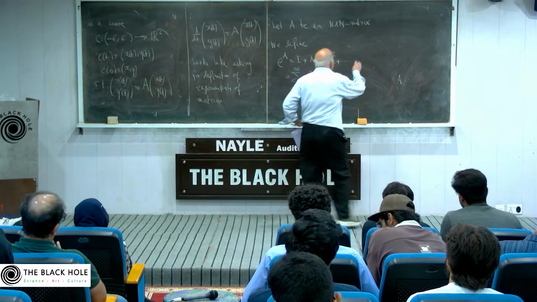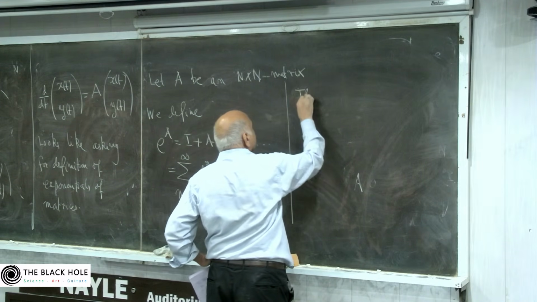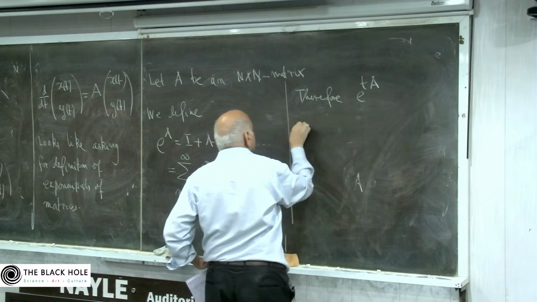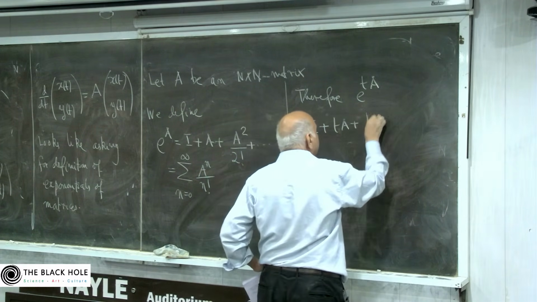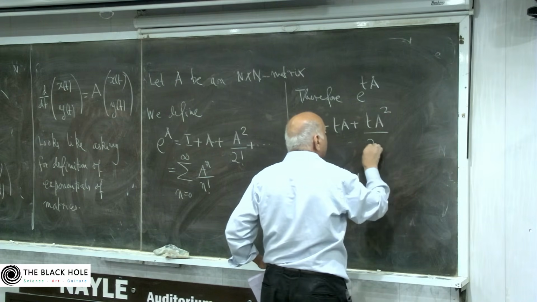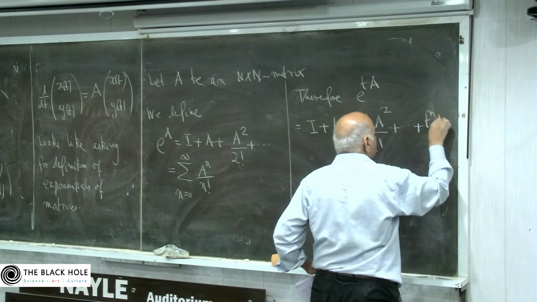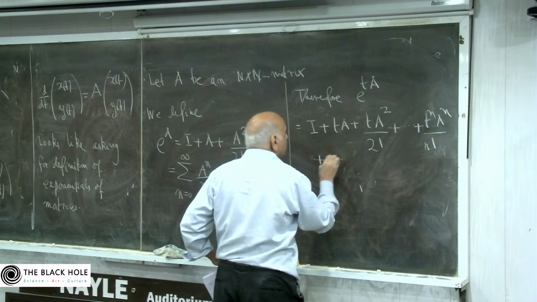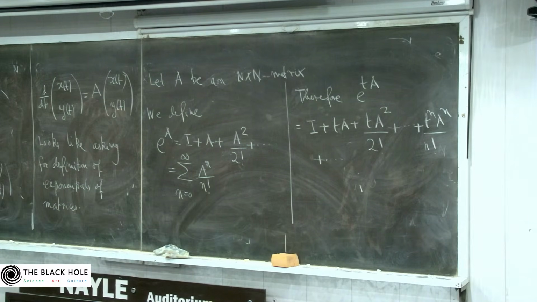And therefore we define e to the TA as 1 plus TA plus T square A square over 2 factorial and so on, plus T to the n A to the n over n factorial and other terms. And this series is convergent for every T. Okay.